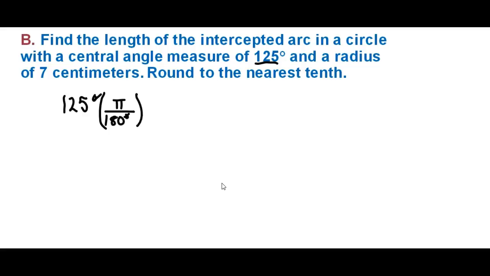So we take 125 times pi over 180, and let's just use an exact number for now. That would be 25 pi if we divide the top by 5, and on the bottom, if we divide that by 5, that would be 36. And I don't believe it would get any simpler than that. So there's our angle theta.